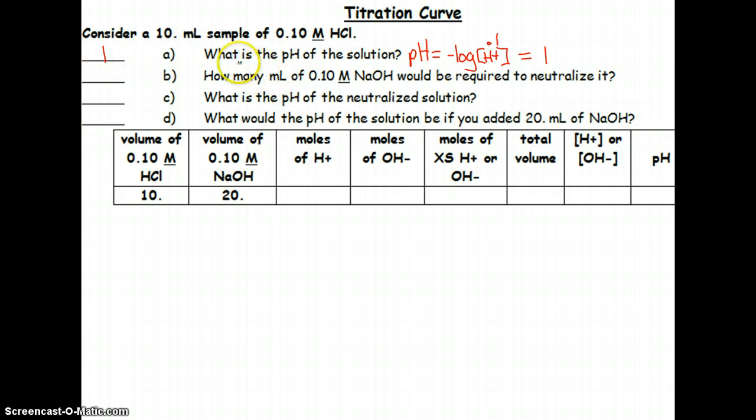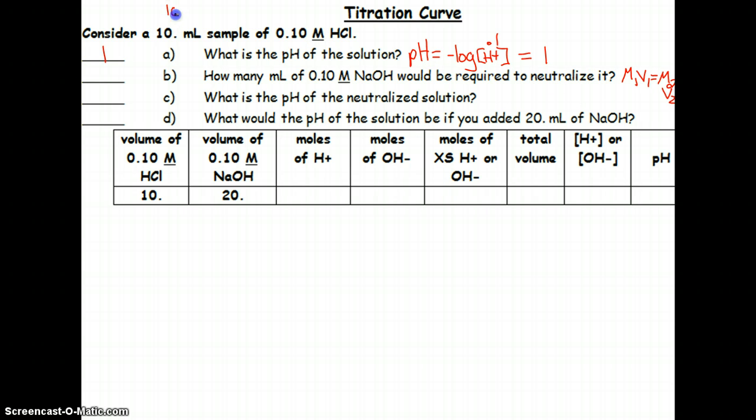Now it asks how many milliliters of 0.10 M NaOH, a strong base, would be required to neutralize it. This is just a simple M1V1 equals M2V2.